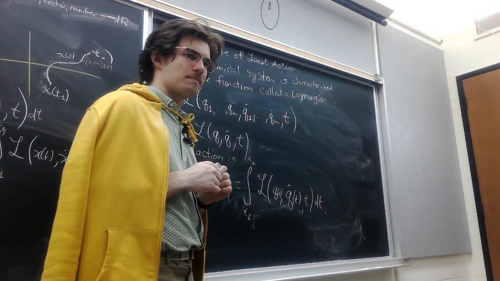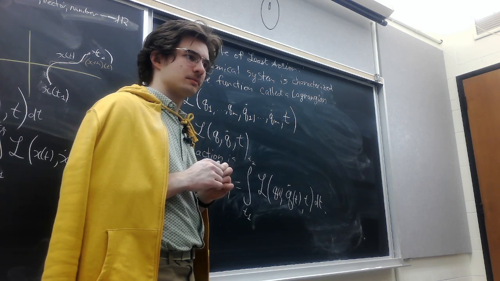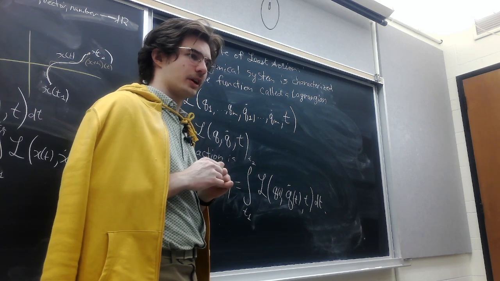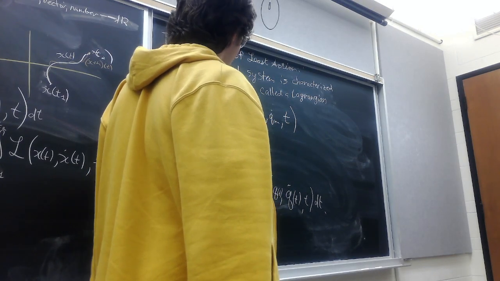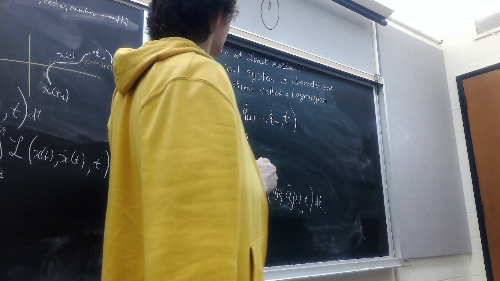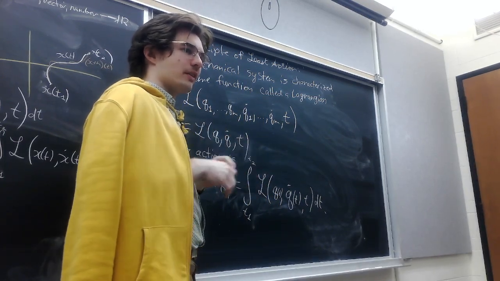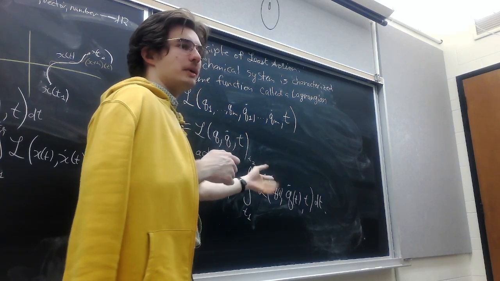Does this make sense? And now, I told you that this Lagrangian fully specifies everything. So now I need to tell you how to actually get what q should be out of this Lagrangian.